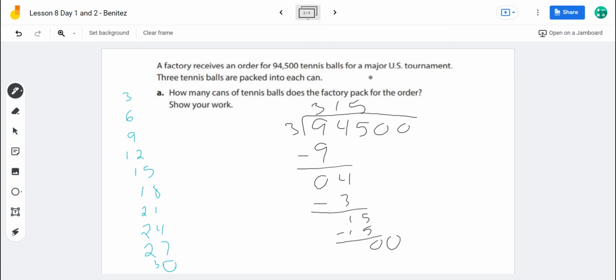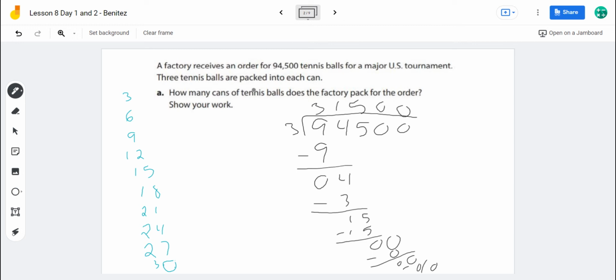No. So if it doesn't go into 0, oh, we put a 0. 0 goes into 0 0 times. Minus 0. Then you bring down the next 0. Does 3 go into 0? Again, that's a 0. Minus 0. Sorry, these are long and they require a lot of space. Space that I do not have.